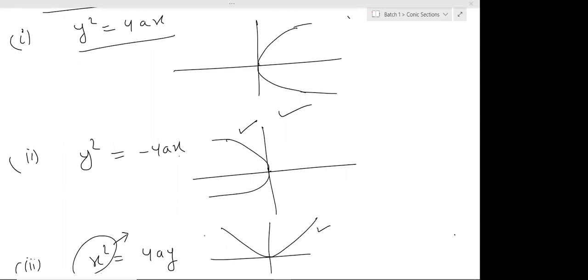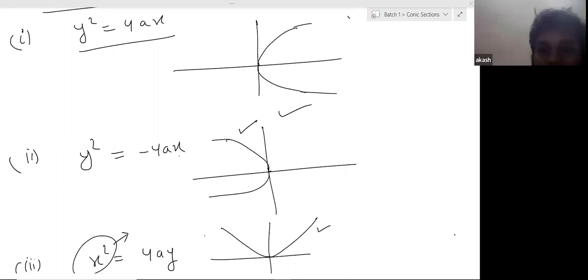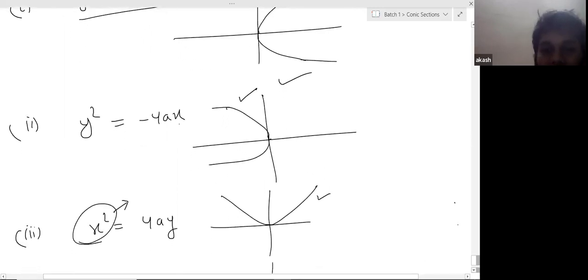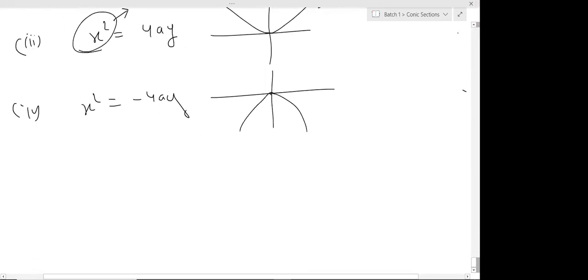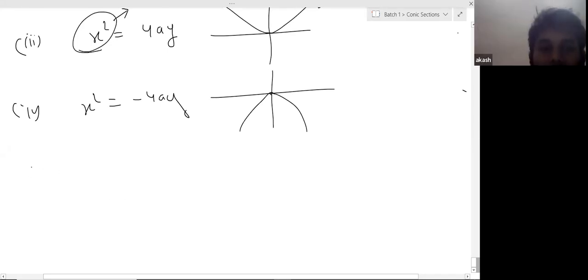So we know what is the directrix and the focus of a parabola, right? These are the fixed line and the fixed point.